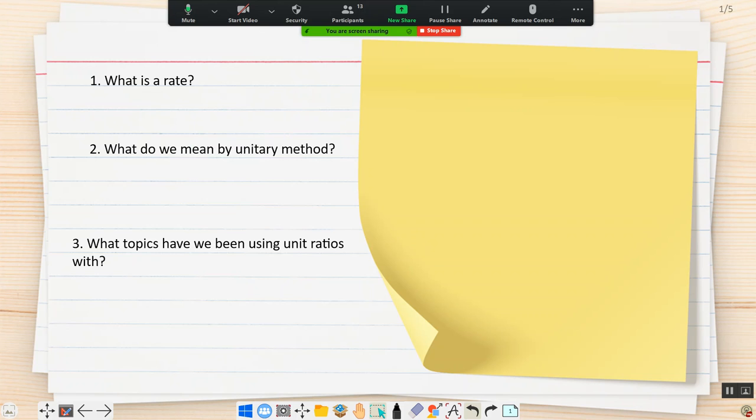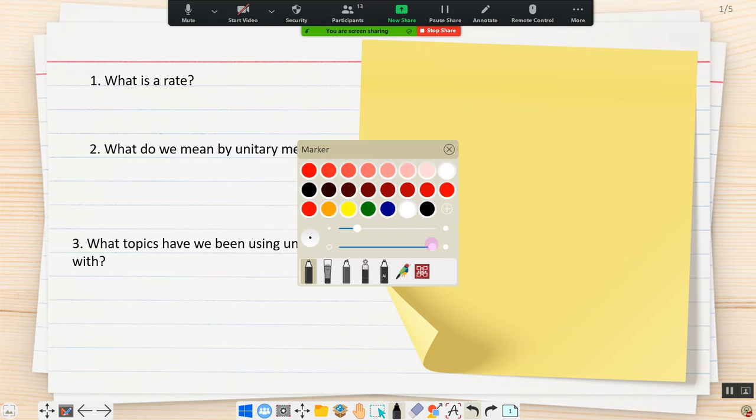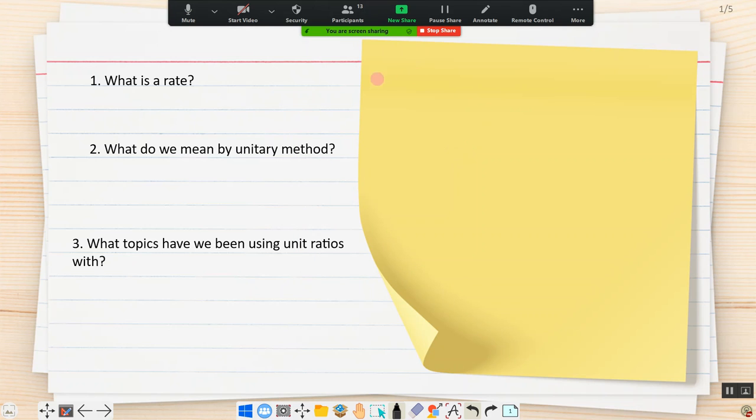Do you remember what a rate is? No ideas?